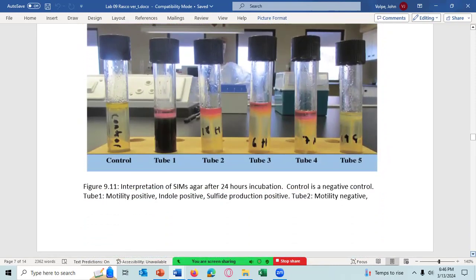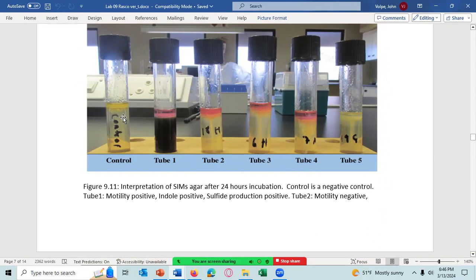The SIM tube, you stab inoculate it. If it's yellow on the top, then there's no indole being produced. If it's pink on the top, then the Kovacs reagent is added, and if it turns pink, then indole is produced.